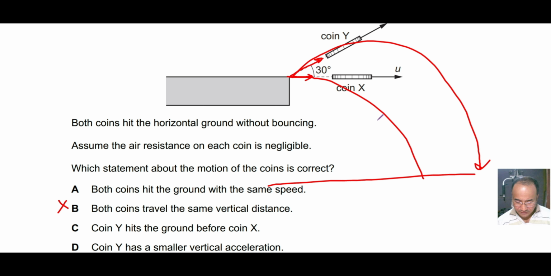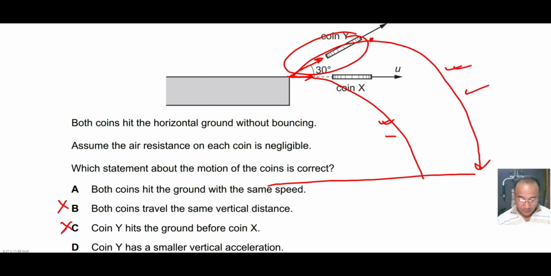So definitely X should require less time, and Y should require more time because it has to rise up, whereas X falls right from the beginning. Some time lag has already happened for Y. So coin Y hitting before is untrue.